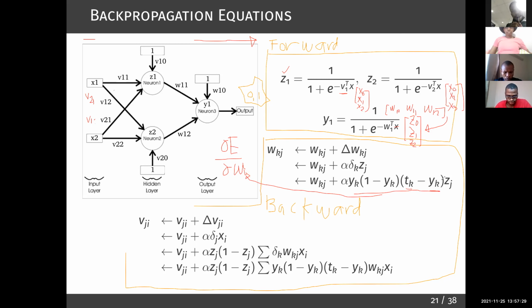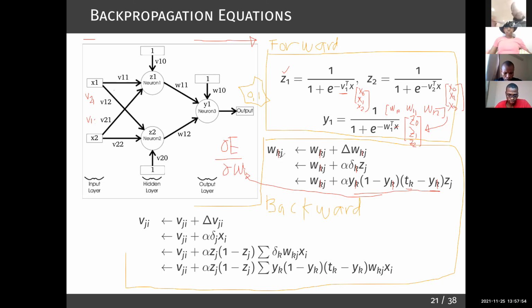So what is YK? We only have one output here. So this is Y1 and Y1 and Y1. That's it. In this case, K is 1. We only have one output, so K is 1.